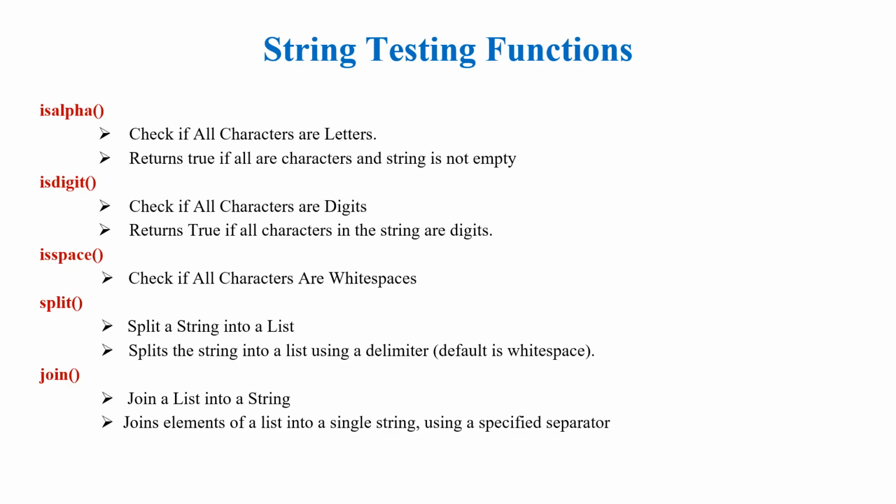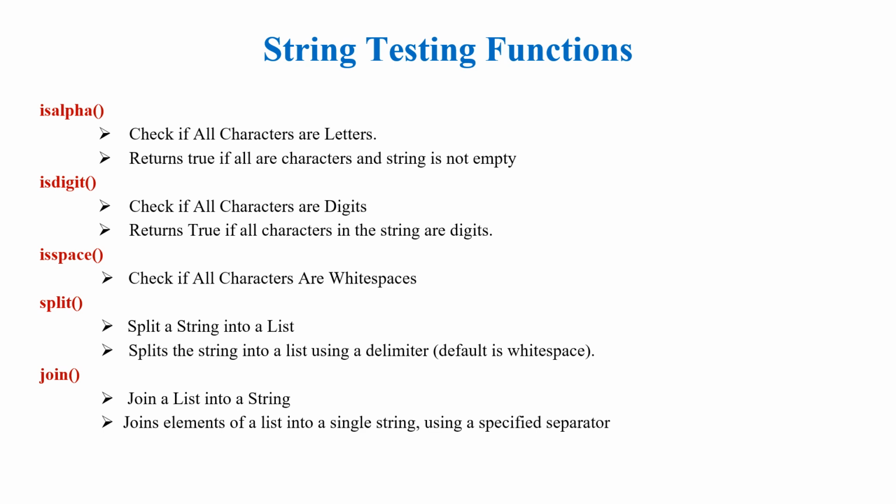Next we will discuss string testing functions. We test isalpha, which checks if all characters are letters. If so, it returns true, otherwise it returns false. You should also see that the string is not empty.